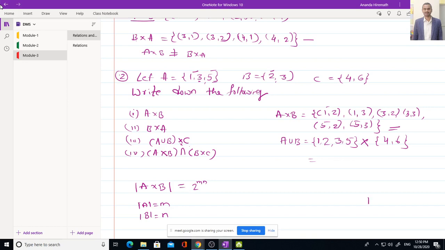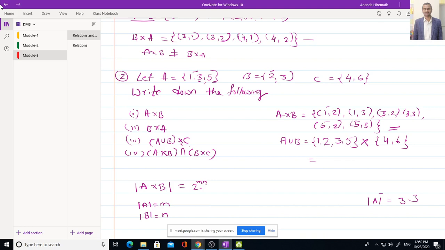If I write these two vertical bars around A and it gives 3, then A has 3 elements.